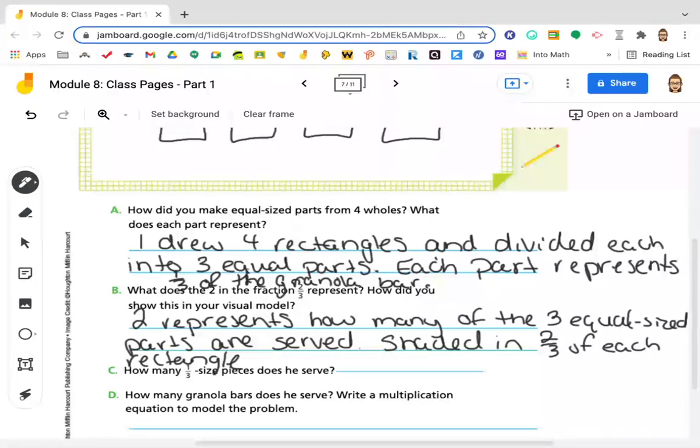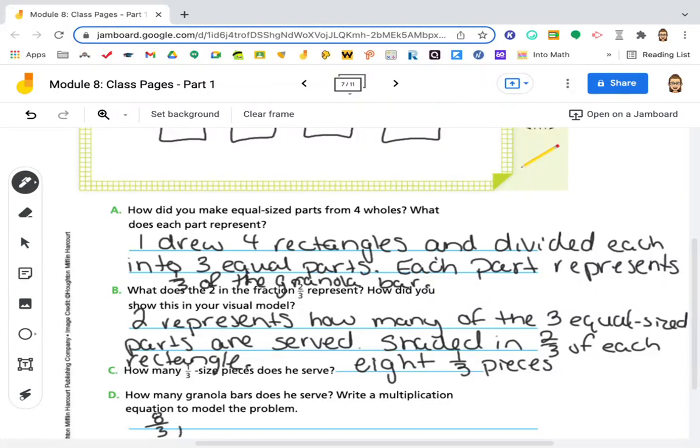And it says, how many 1/3-size pieces does he serve? Well, 8 1/3 pieces. So then how many granola bars did he serve? Well, it would be 8/3.